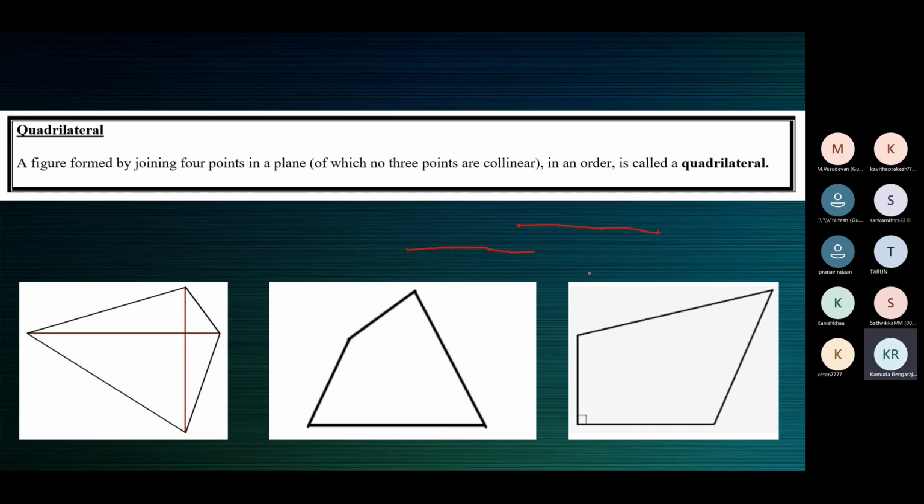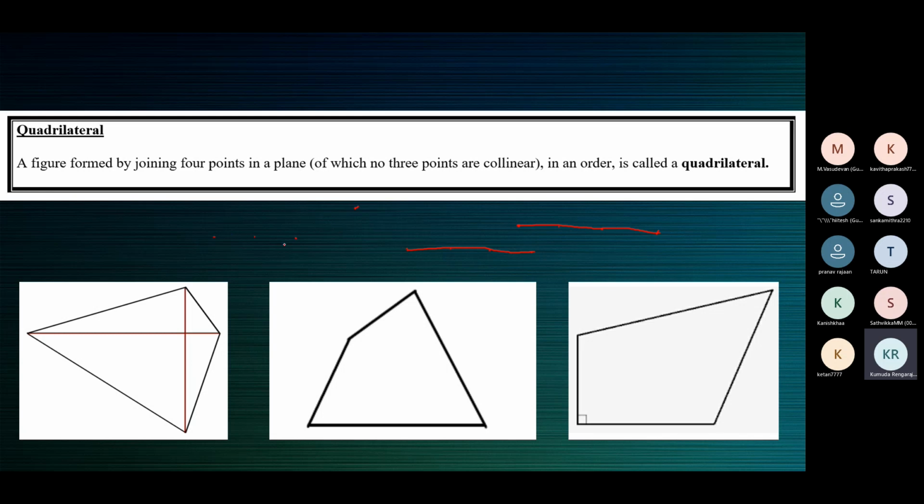It's not enough if we have 4 points in a plane. The points must not be collinear. If all the 4 points are collinear, then you'll only get a line segment by connecting them. You cannot define a quadrilateral. So now we'll see if we have 3 points collinear and 1 away from it.